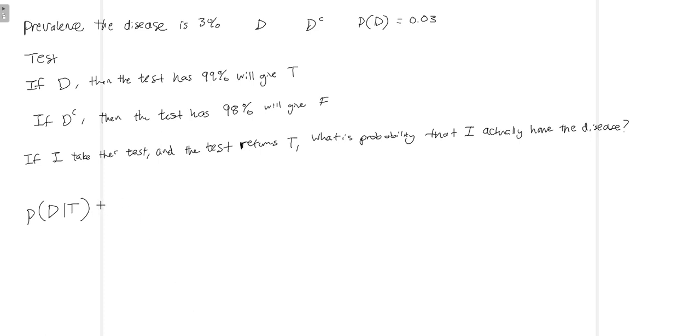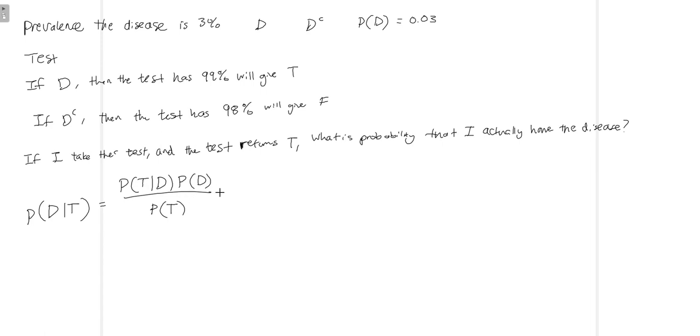Using Bayes' rule, this is equal to the probability that the test is true, given that I have the disease, times the probability of having the disease in the general population, over the probability of getting a true in general.